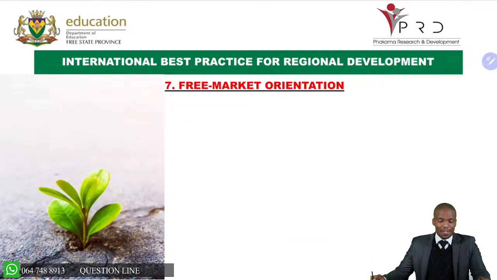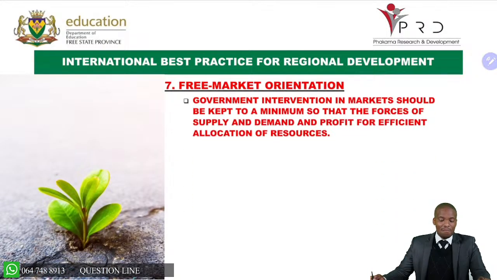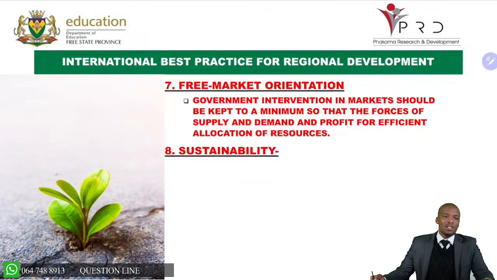Okay. Number 7, free market orientation, where we are saying the government intervention in markets should be kept at a minimum. It should be minimized so that the forces of demand and supply and profit for efficient allocation of resources. In this case, we know that most of the parastatals or the state-owned enterprises, usually they do not continue, or they end up being privatized because of there's too much government intervention.